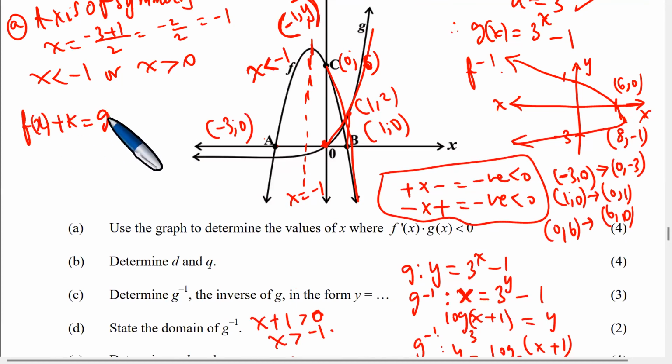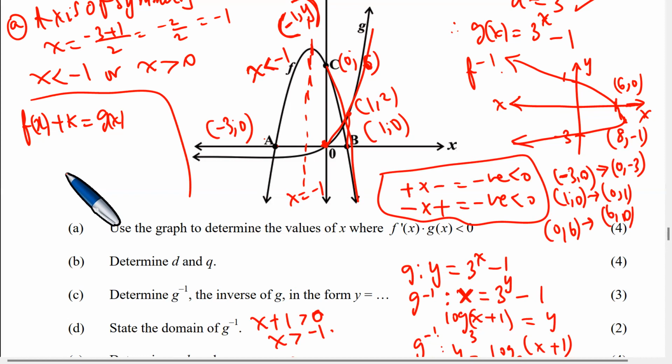If you have f of x plus k equals g of x, the equation has roots that are of opposite sign.